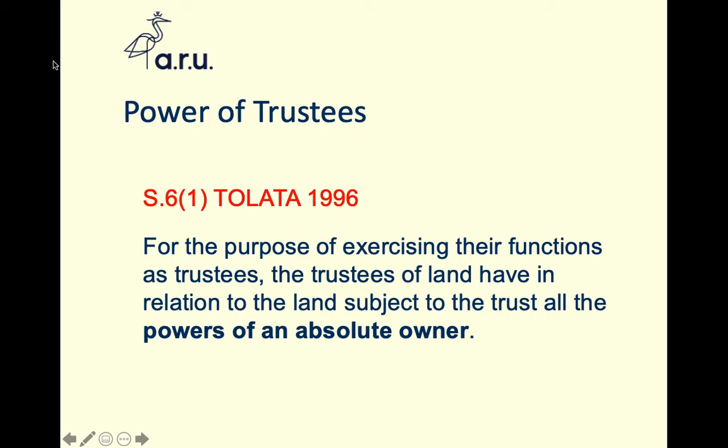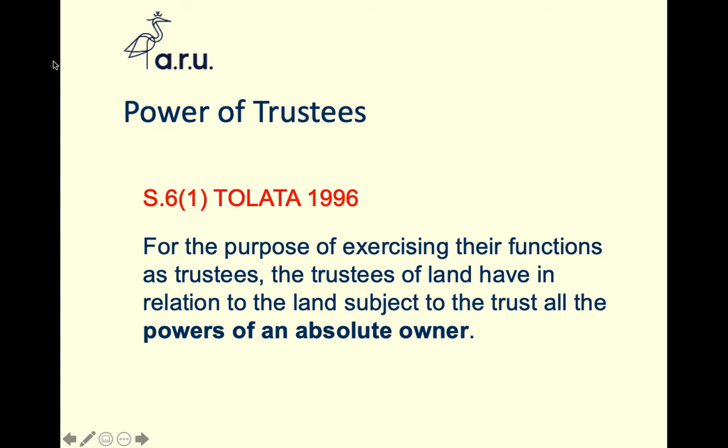What it does as well is, if you remember what we did a moment ago, we put those people up at the top in brackets and we recognised them as the fee simple absolute possession holders, and that's also recognised within section 6.1 of TOLATA 1996, that in conducting themselves as trustees, the trustees of any land have the powers of an absolute owner.